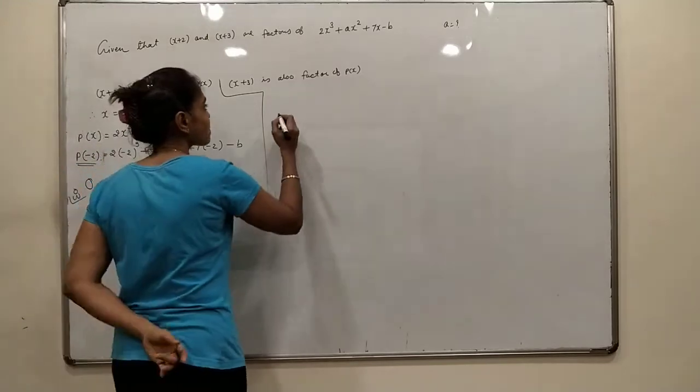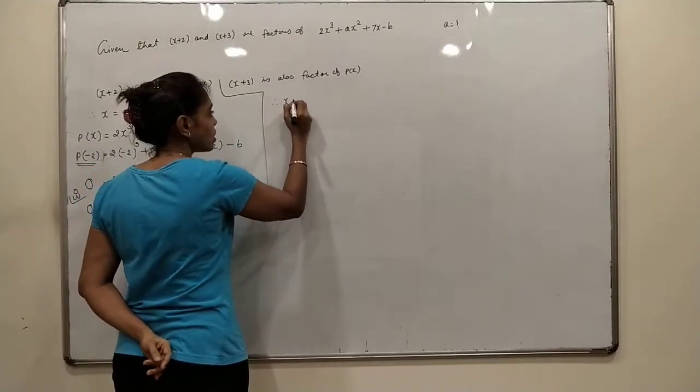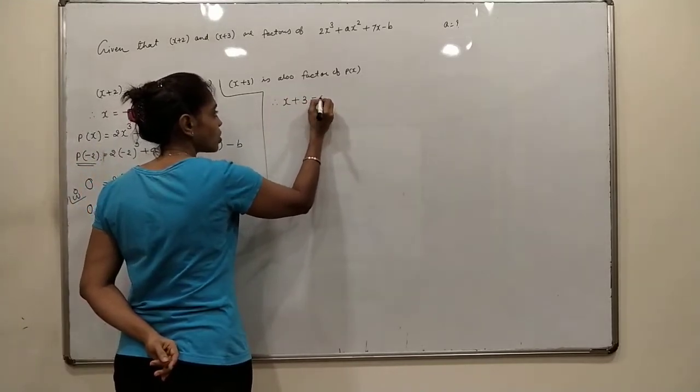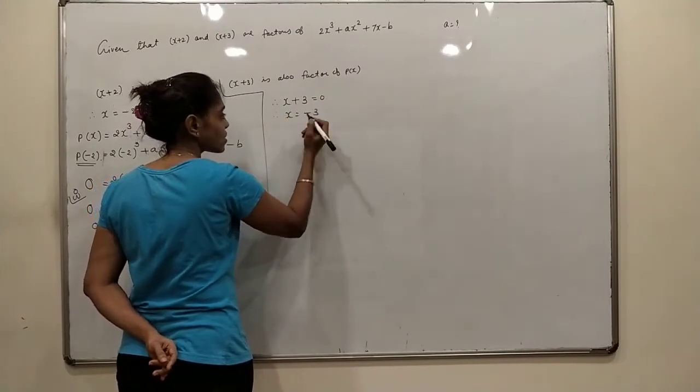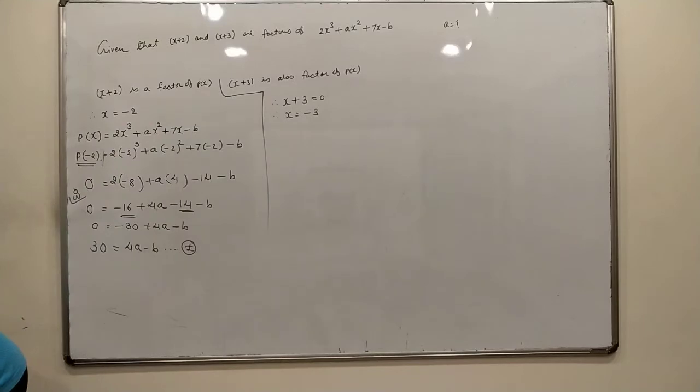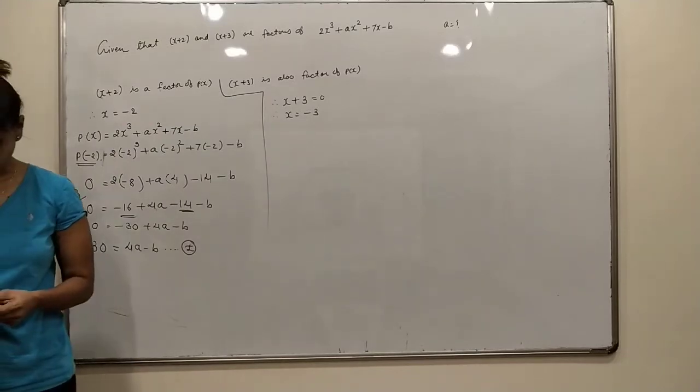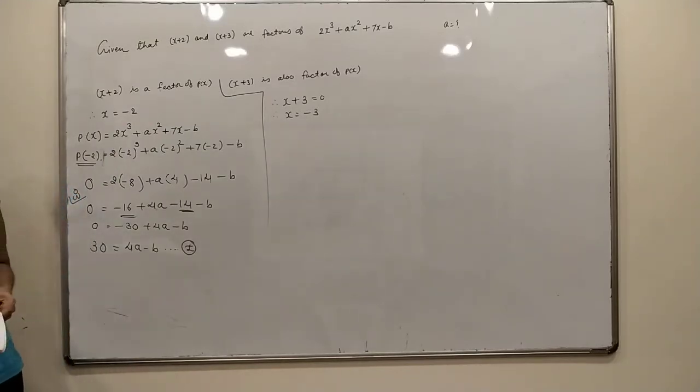Same as x plus 3 is a factor, so x plus 3 equal to 0, so x equal to minus 3. First let me check the question: 2x cube plus ax square plus 7x minus b.